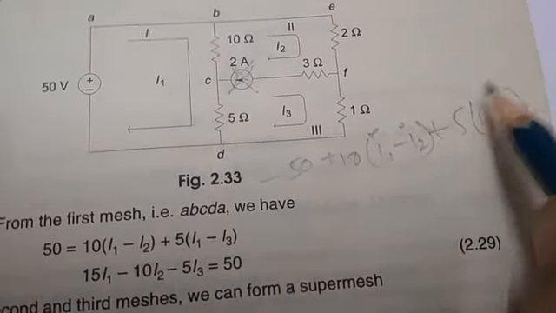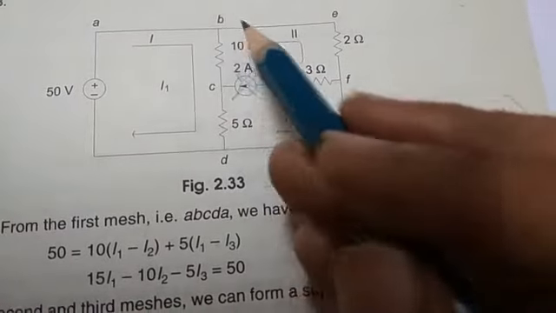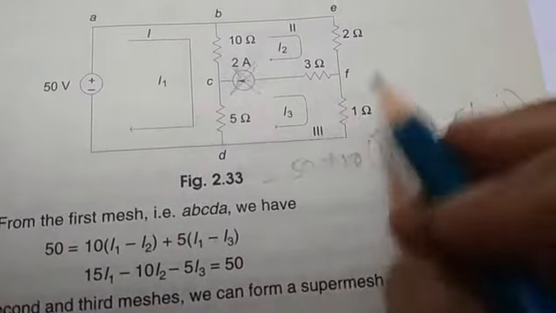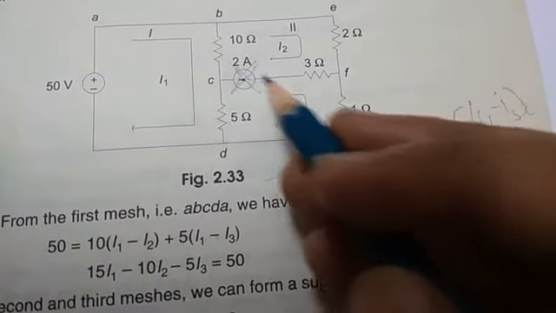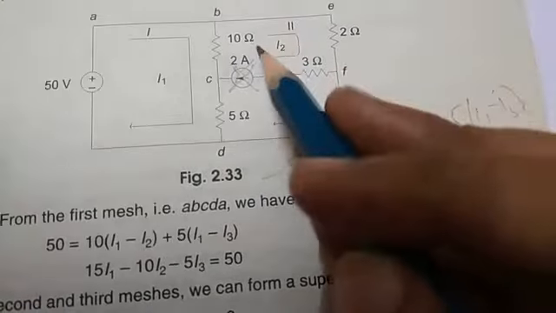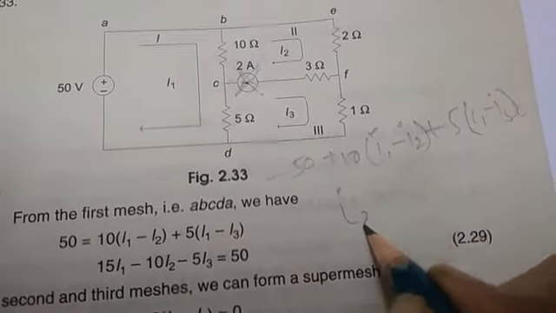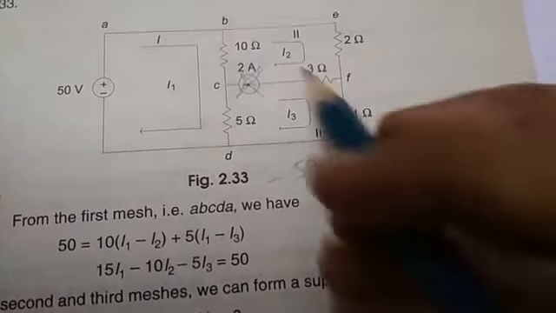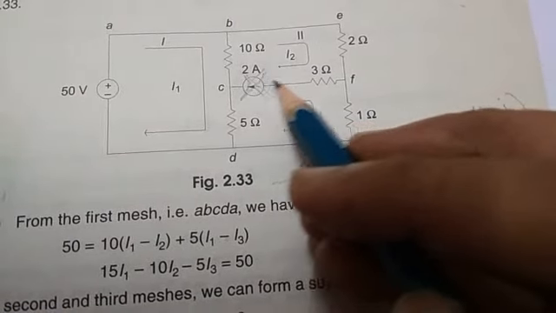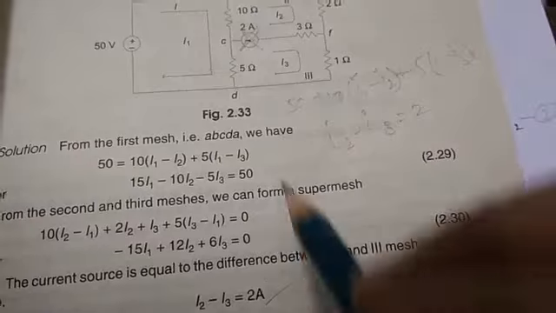So this is my first equation, whereas this is the super mesh. Whatever the current directions, this is the direction of I2, this is the direction of I3, so I2 minus I3 will be my 2 amperes, as the 2 amperes is in this direction. So I2 minus I3 is 2 amperes.